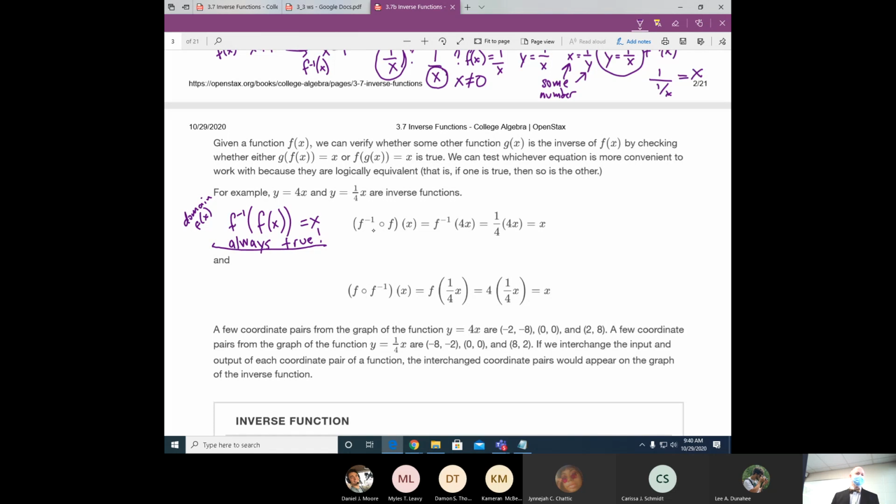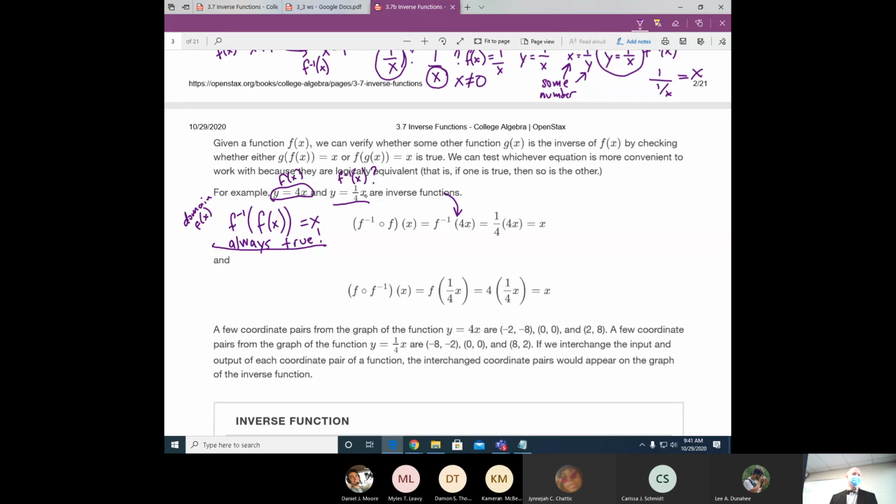So what this is saying here is, if this is my definition of f of x, and I put that as input into my inverse function, and I think this is maybe f inverse of x, well, this is a way to check.